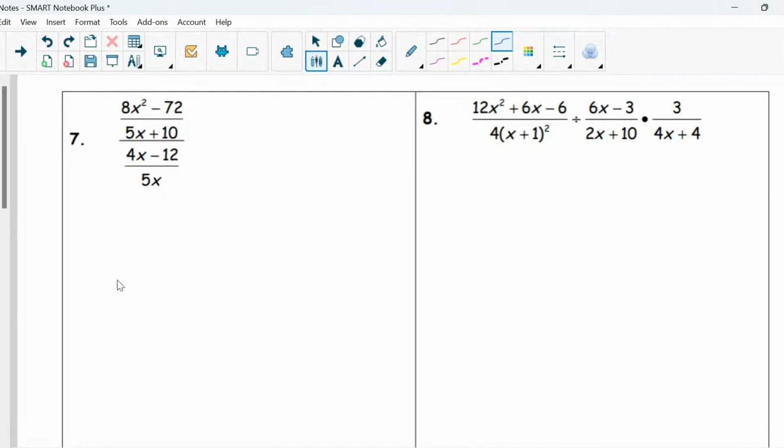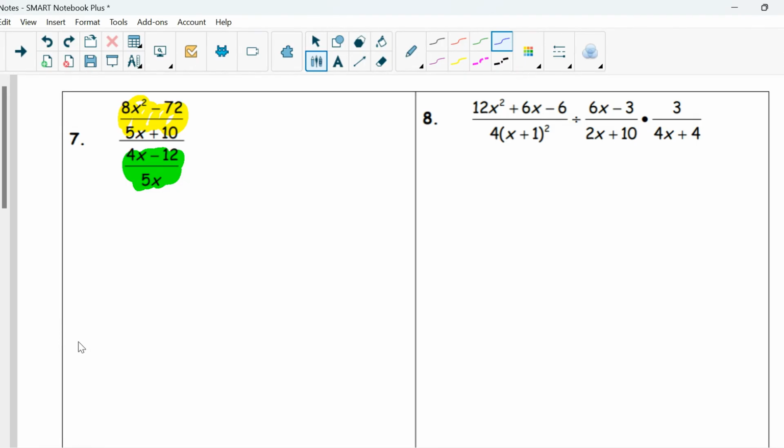So in number 7, this is a division problem. So what's going on in number 7 here is we are taking our numerator, which is this fraction, divided by our denominator, which is another fraction. So remember, when we are dividing, that's the same as taking the reciprocal and multiplying.